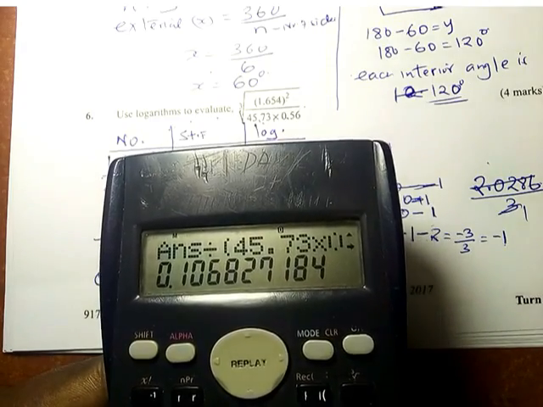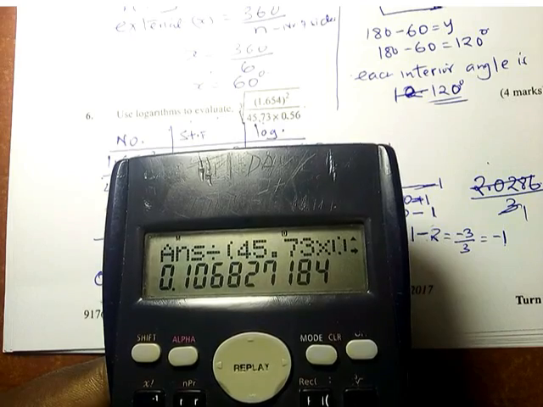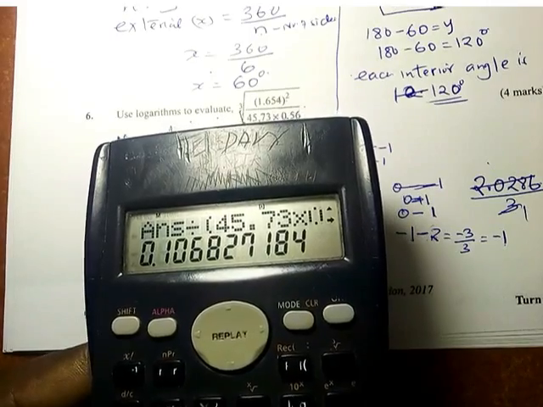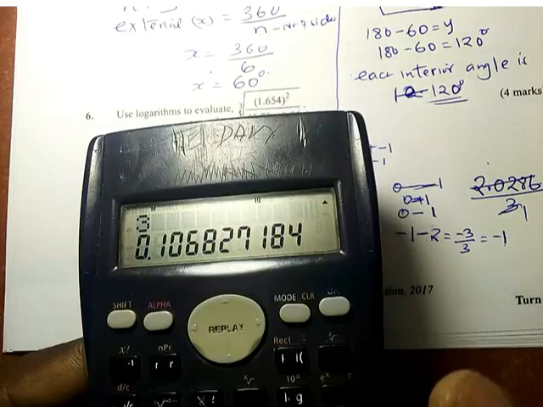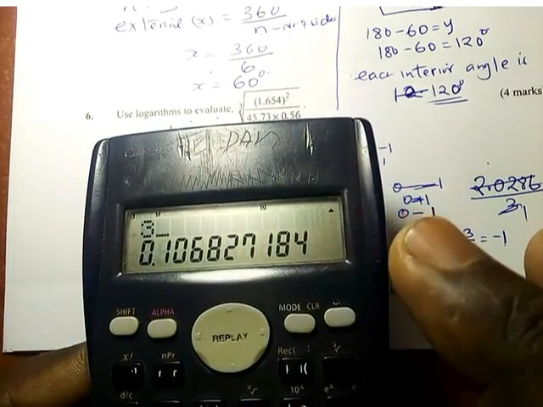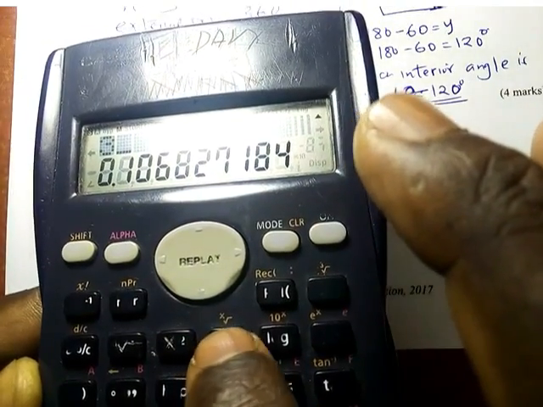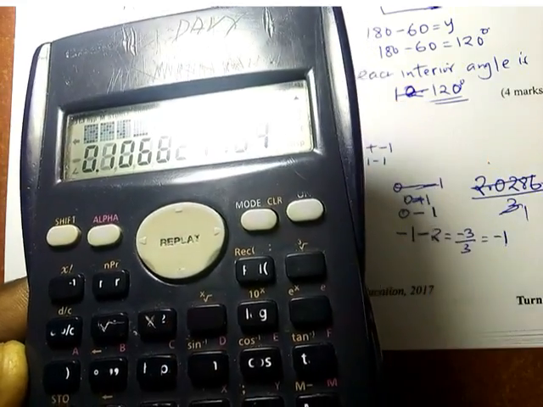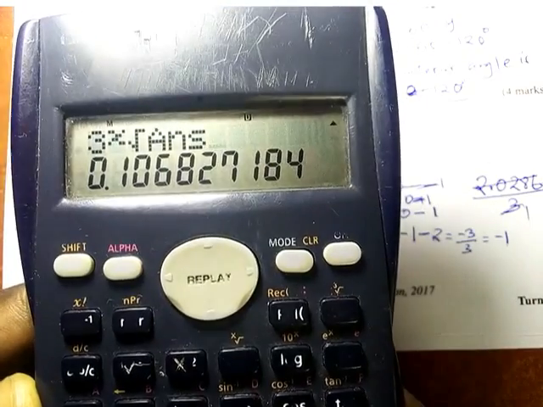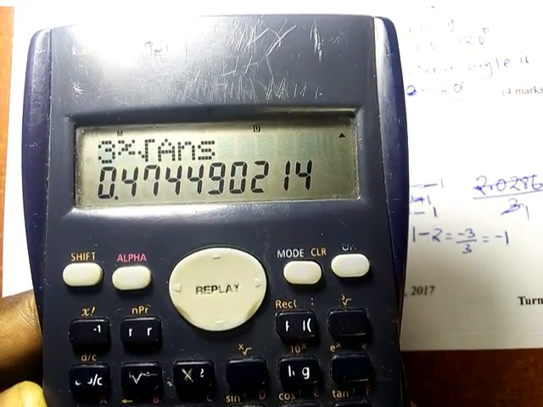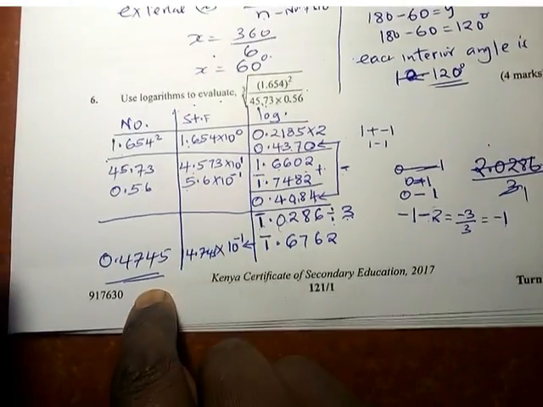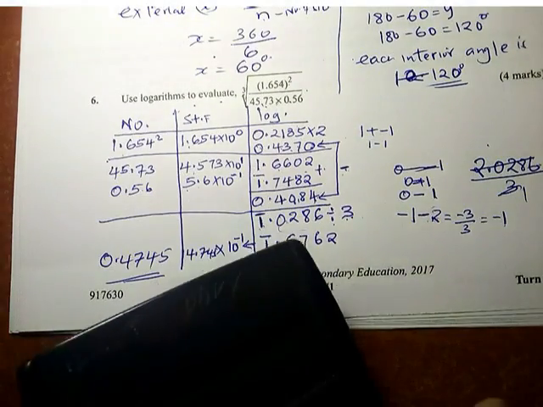And then now we want to find the cube root. Cube root, you press 3, and then shift, and then this here, you press that, and then answer. So let us see what it is going to give us. So that is the answer we got, 0.4745. So you can confirm using your calculator.